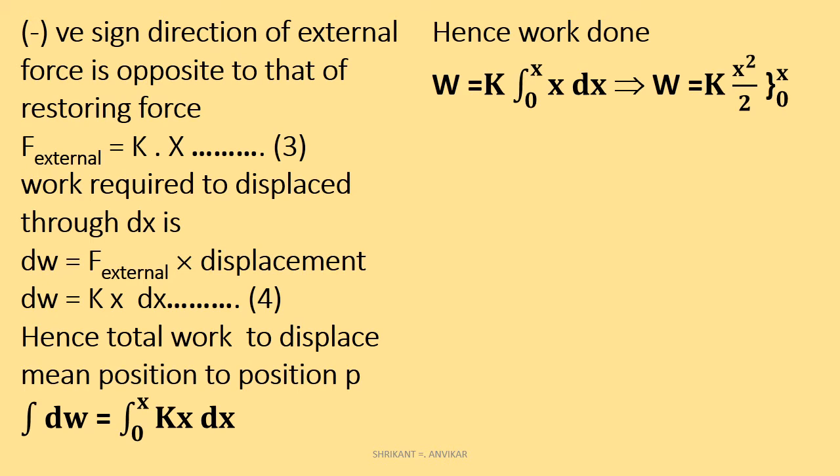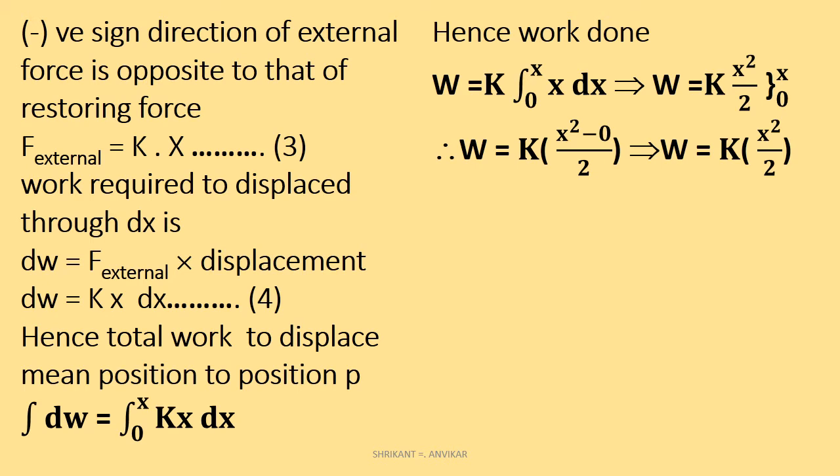Therefore the work done is equal to k into x square upon 2. Hence the work required in displacing the particle from the mean position to position P is equal to 1 by 2 kx square. This is the formula for the work done.